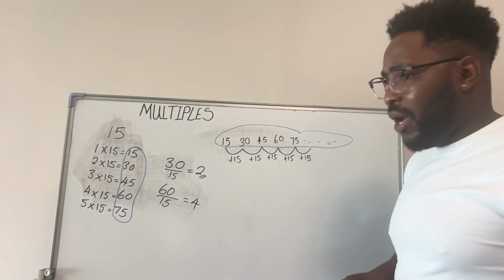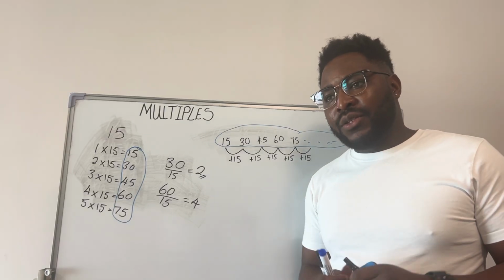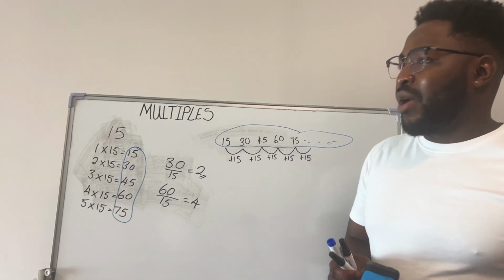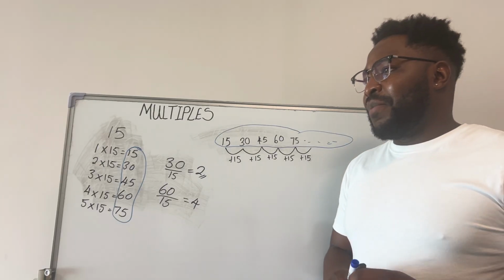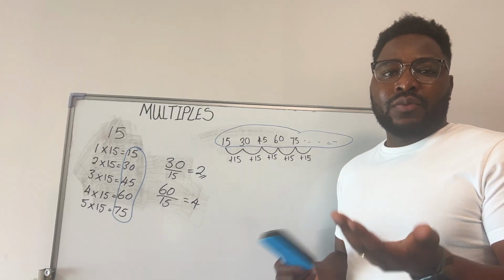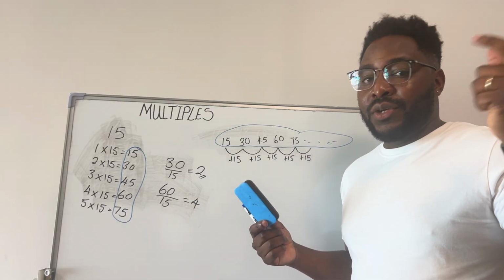Okay, so now you will find a situation where you're given two big numbers, and you're being asked to find between these two numbers which one is a multiple of a certain number. You'll be given that certain number. So let's try that example.